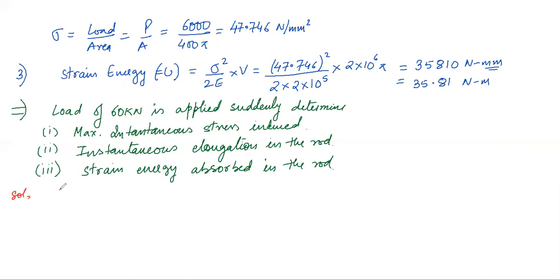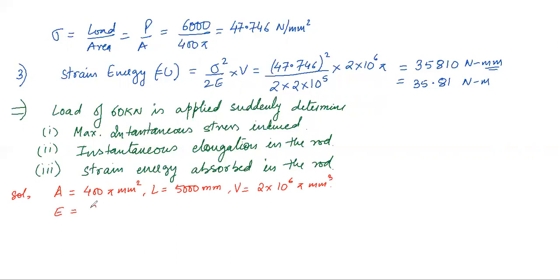This is the solution. We know the area we have already calculated as 400 pi mm square. Length we have already defined as 5000 millimeter, and volume we have defined as 2 into 10 to the power 6 pi mm cube.